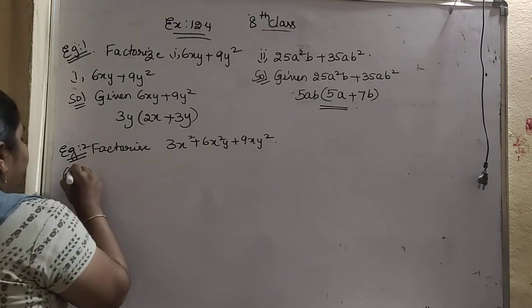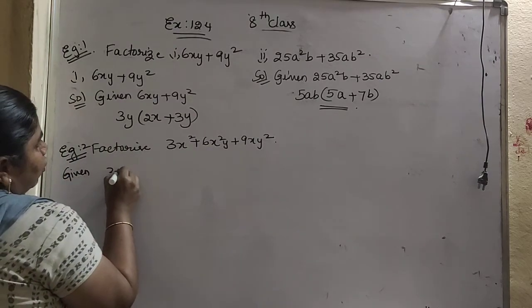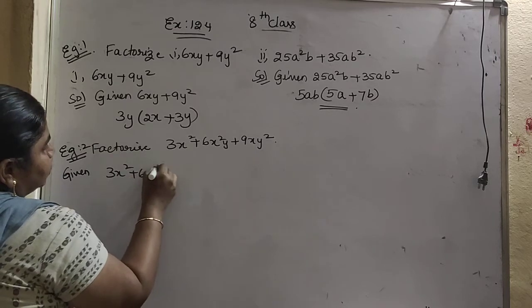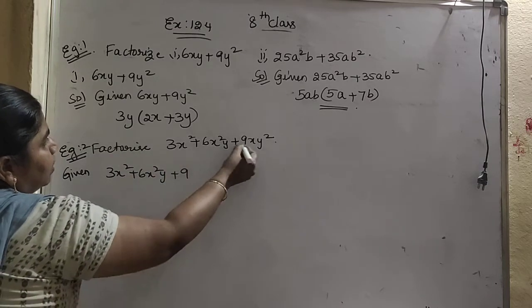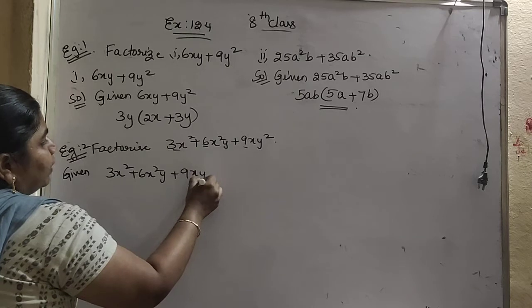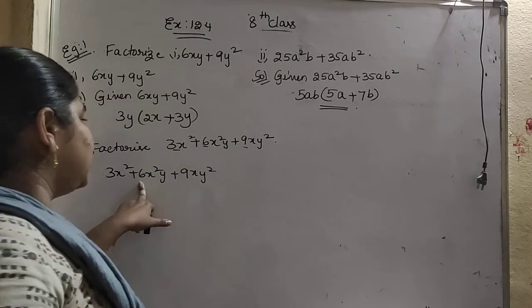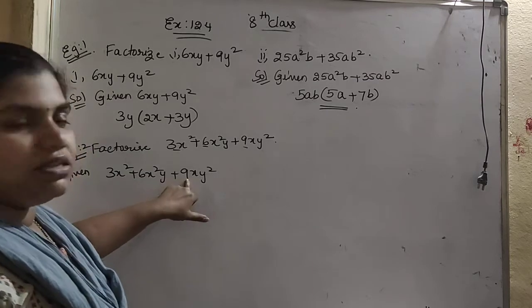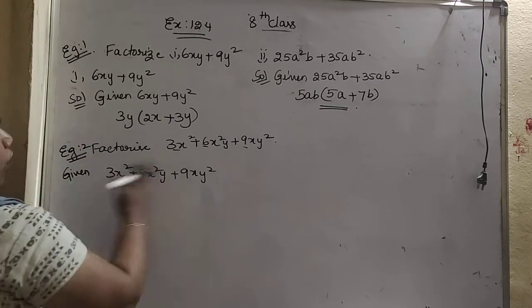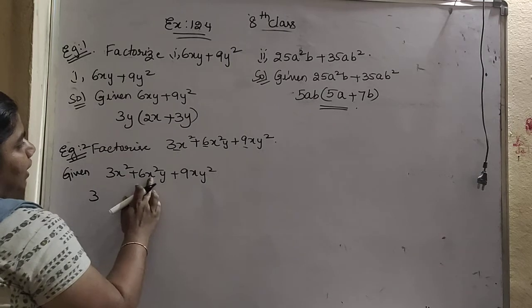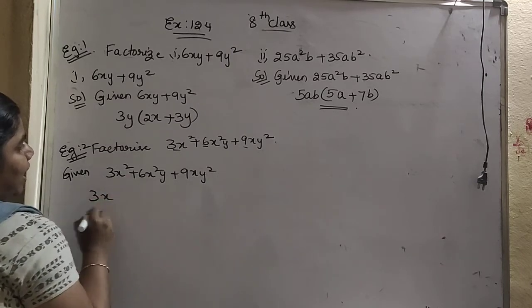If you see, all the coefficients, that is all the numbers, will go in the 3 table. 3 will go in the 3 table, 6 is a multiple of 3 as well as 9 is a multiple of 3. So we can take out 3 as common. And x, so we can take x as common.